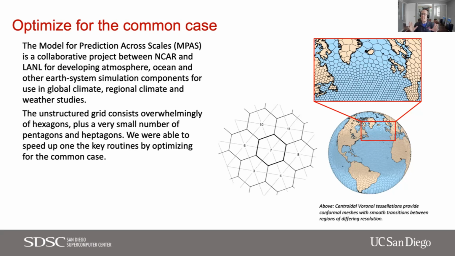In this case, instead of using a rectangular grid, they use an unstructured grid that is composed overwhelmingly of hexagons, plus a very small number of pentagons and heptagons.